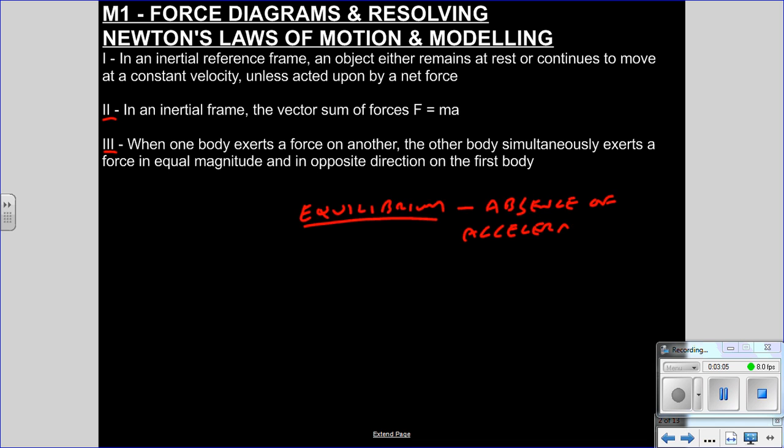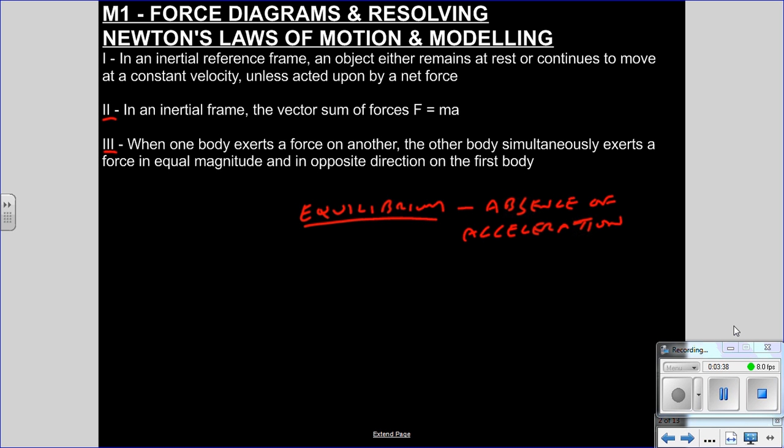Okay, so it's saying that unless a force interacts with the object, it will stay in equilibrium, i.e. it will not accelerate, it will just stay moving at a constant pace, or it would stay still, okay? Or if a force does act on it, it will just continue to accelerate forever, and therefore it would not be in equilibrium, okay? So equilibrium means there is no acceleration. It does not necessarily mean that the object is stationary.